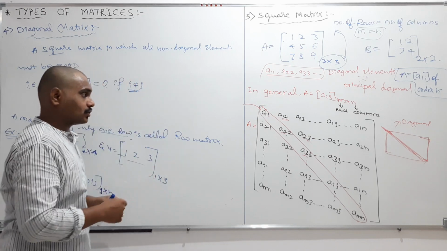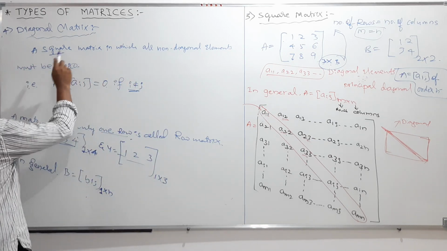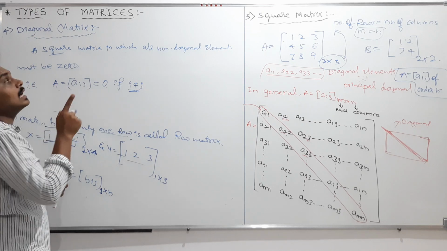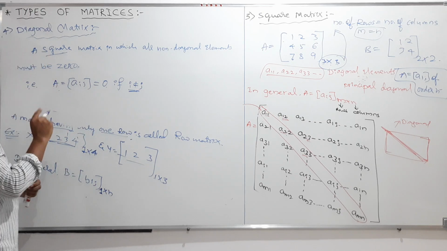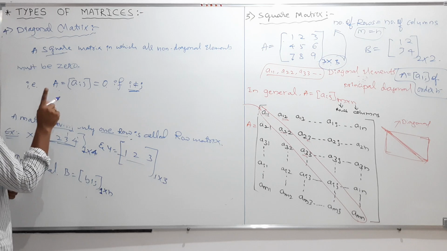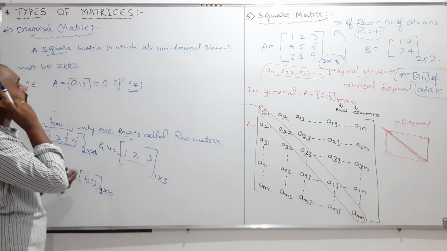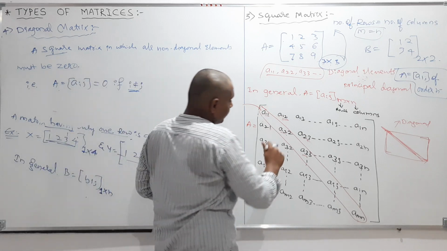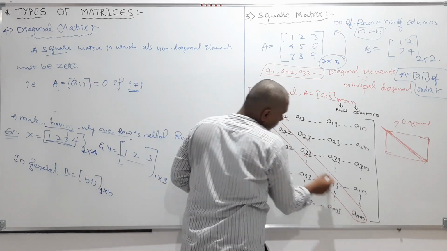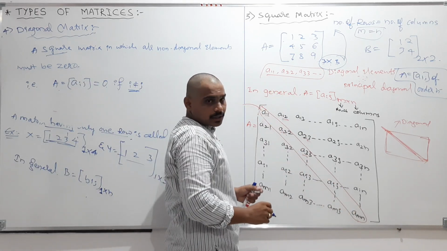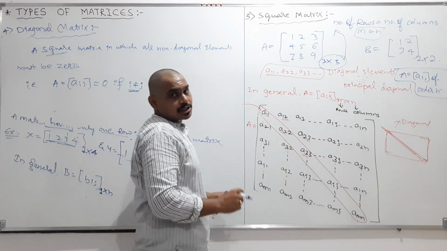So, my dear students, you should not say just a matrix, you should always say a square matrix. A square matrix in which all non-diagonal elements are 0, such a matrix we call a diagonal matrix. It means that except the diagonal elements, all remaining elements must be 0.